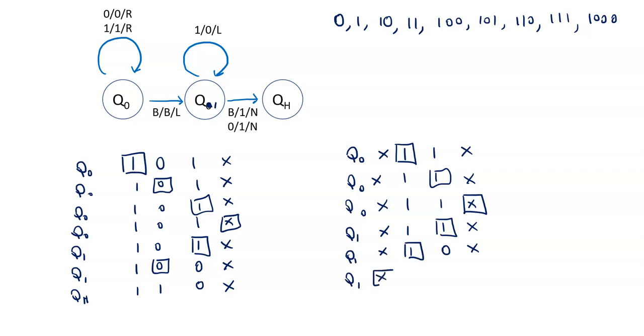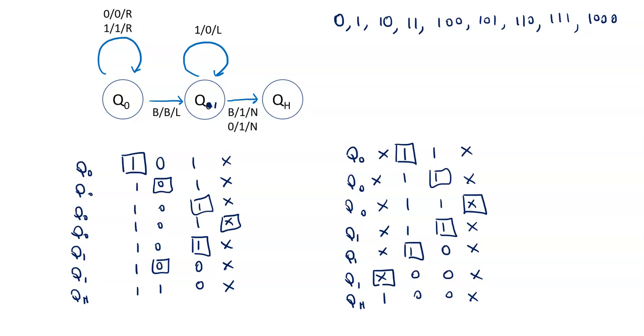Q1, putting us on this spare blank, tells us that if we have a blank, we're going to turn that into a 1. Puts us in the halting state, so 1, 0, 0. And there's our final answer. We've gone from 1, 1 to 1, 0, 0, which, hey, that's what we wanted. Nice simple example, so feel free to try this again a few times just to see how it works.